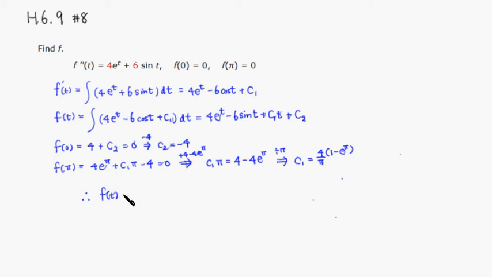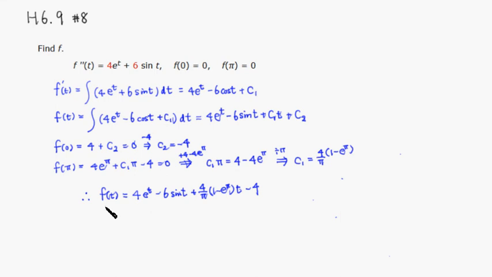The complete formula would be 4e to the t, minus 6 sine of t, and c1 came out to be plus 4 over pi times 1 minus e to the pi, times t, and c2 is negative 4. So that's f of t.